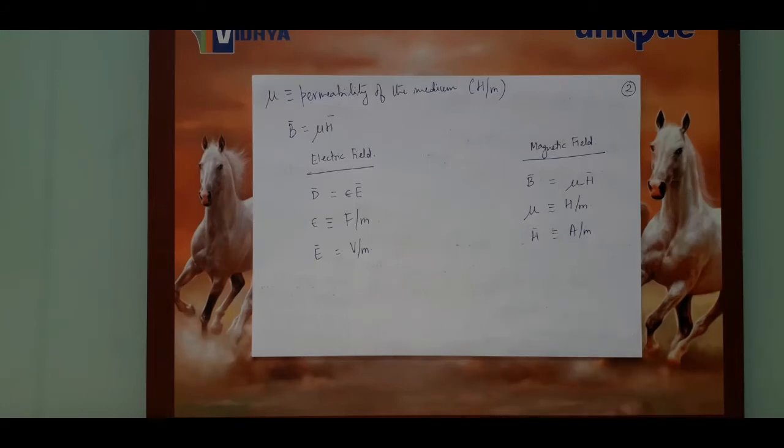You have Biot, who made this relation for magnetic field as a function of current and distance and length of the conductor. We have Michael Faraday, who proved that a time varying magnetic field could actually induce an EMF, which is the principle for modern day generators.